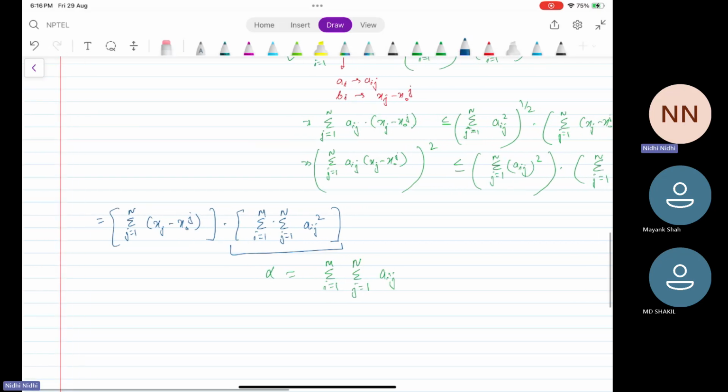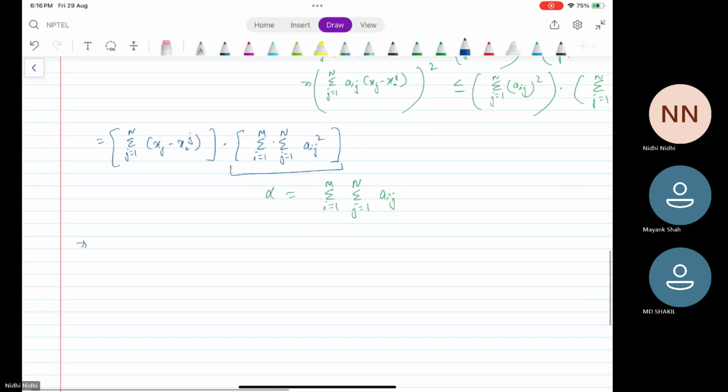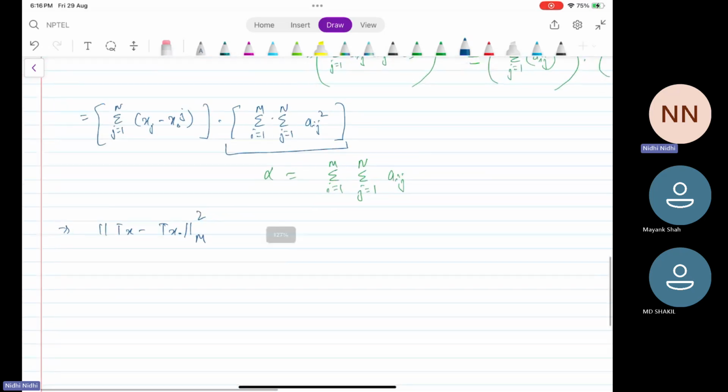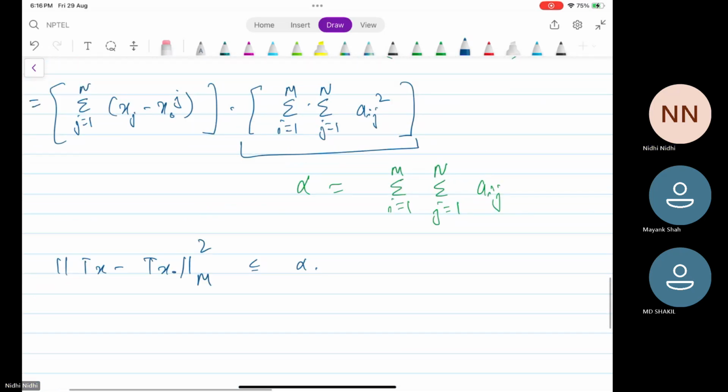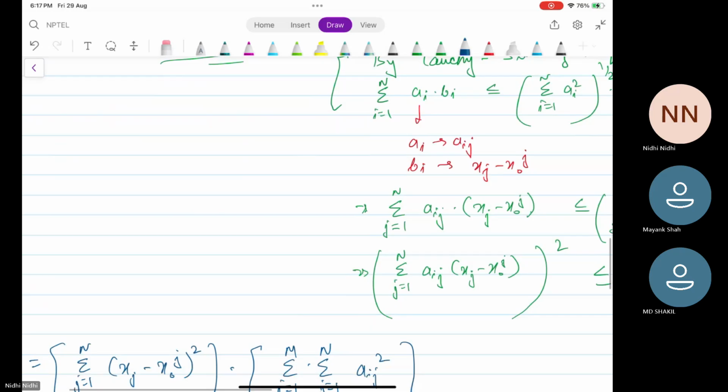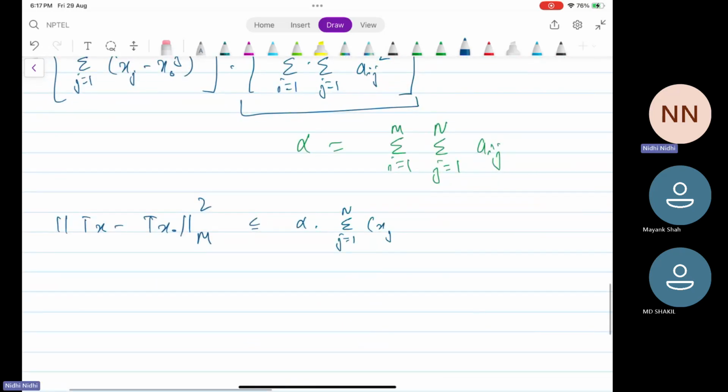Then this implies that the norm of Tx minus Tx naught in Rm, squared, is less than or equal to alpha times the summation over j from 1 to n of (xj minus x naught j) square.